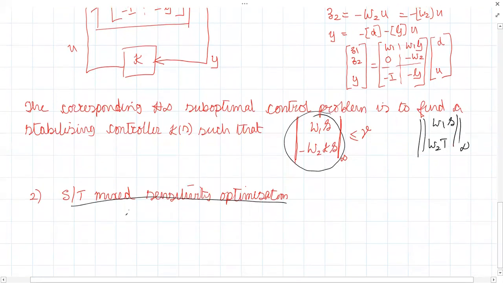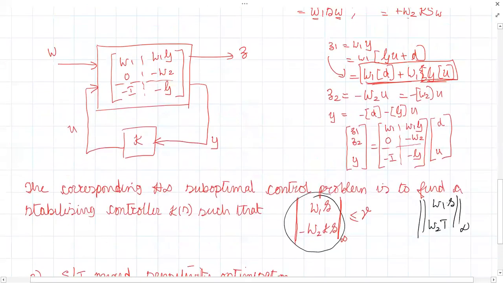So in here, a stabilizing controller, how to choose these weighting matrices W1 and W2? There is no hard and fast rule. Okay, it is a long procedure. You have to do a lot of iterations. Depending upon the frequency region in which you are operating, you have to choose W1 and W2, right?